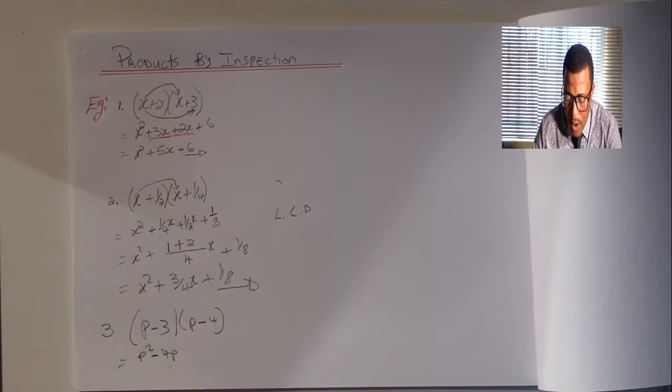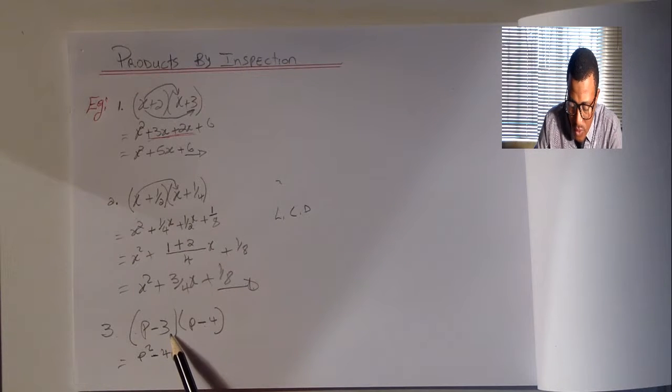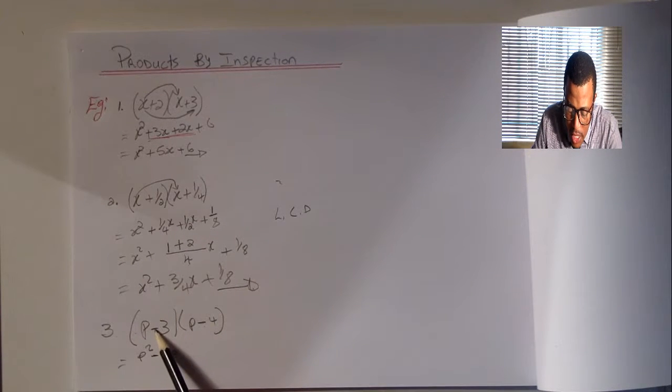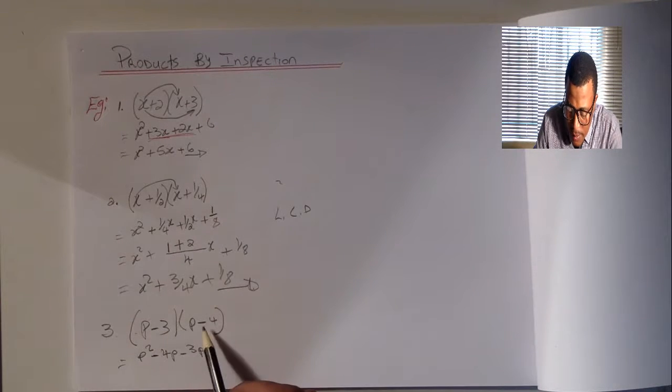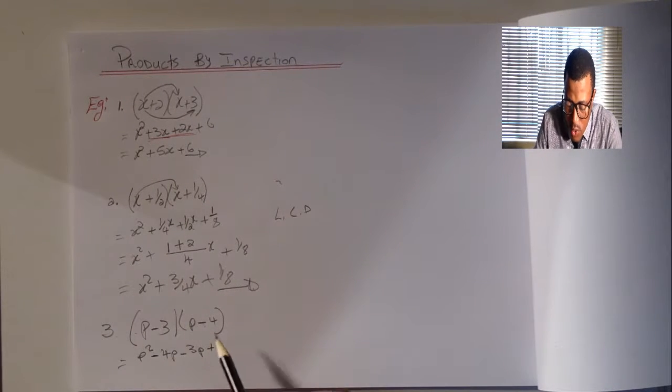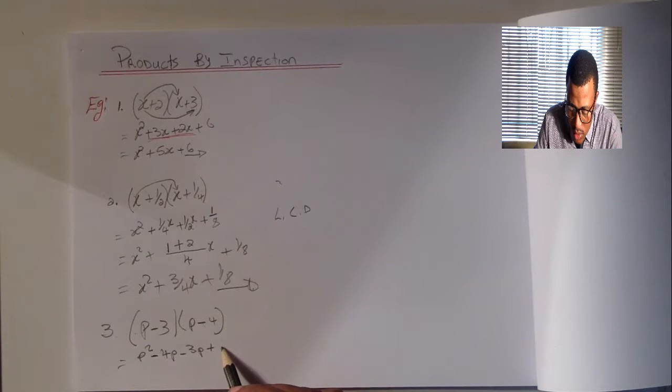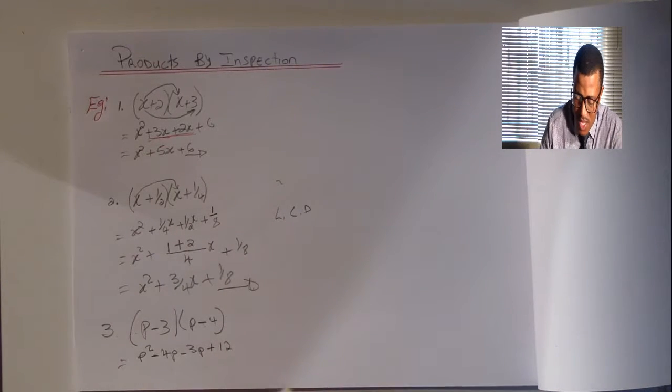Now coming to the second number in the first bracket, negative 3 times p is negative 3p. Again, negative sign times a negative sign, two like signs multiplied together, we get a positive sign. Now 3 multiplied by 4, we get 12.